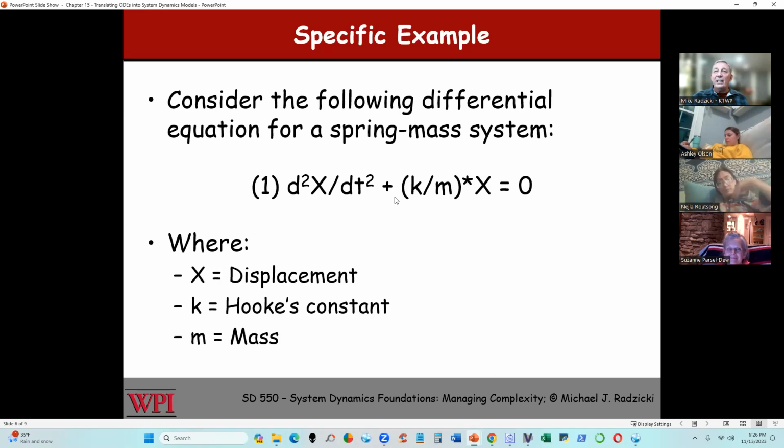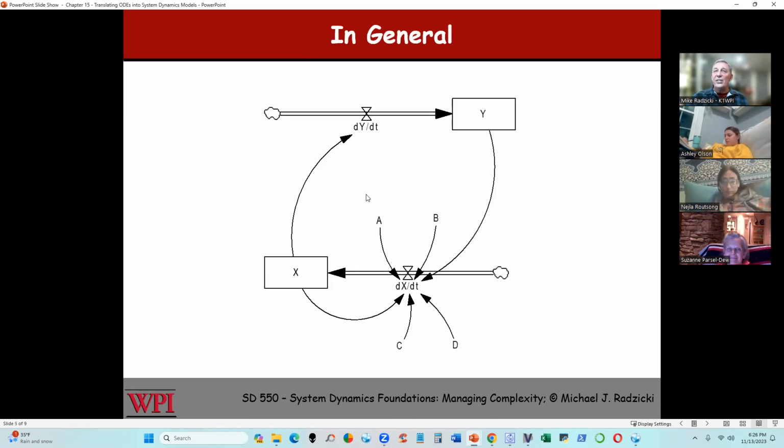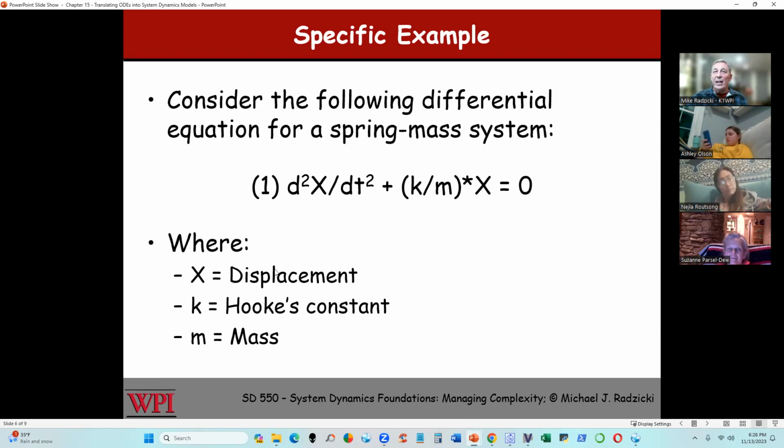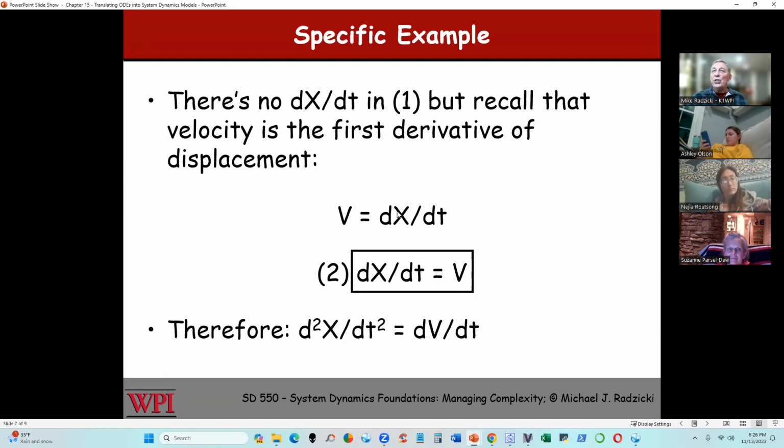We define something here, according to that second term, right? So in this context, we know that velocity is the first derivative of displacement, right? x is displacement. So the change in displacement, or position of the spring, is velocity.